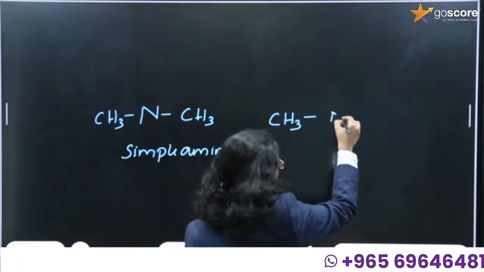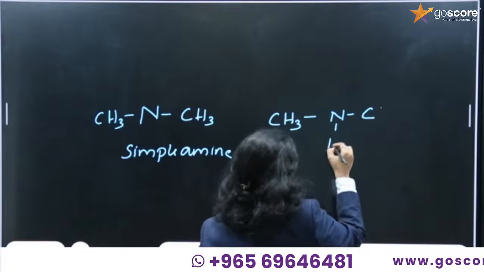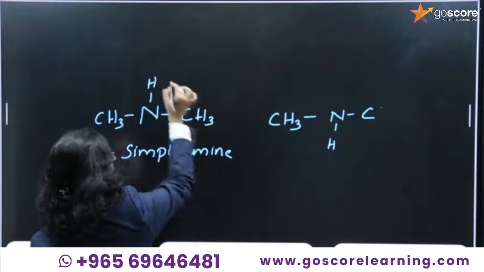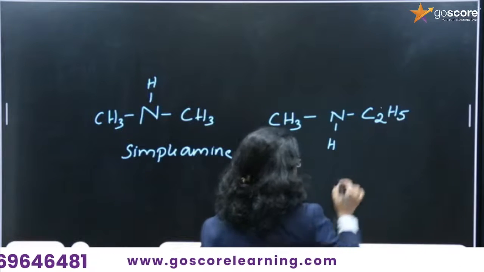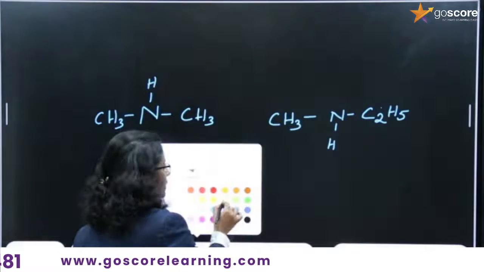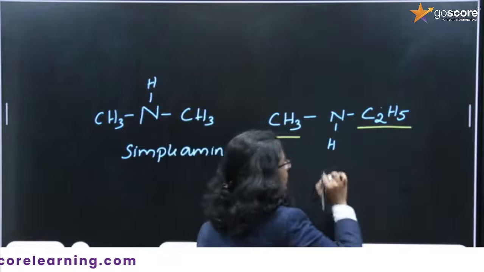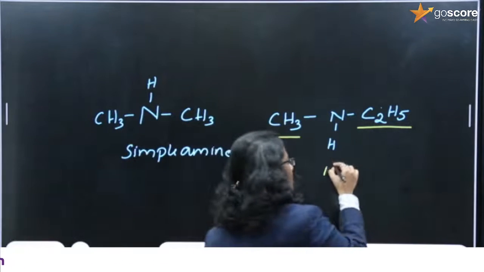For example, CH3NHC2H5. Here also there is one hydrogen. On one side there is an ethyl group and on the other side a methyl group. So this is an example of a mixed amine.